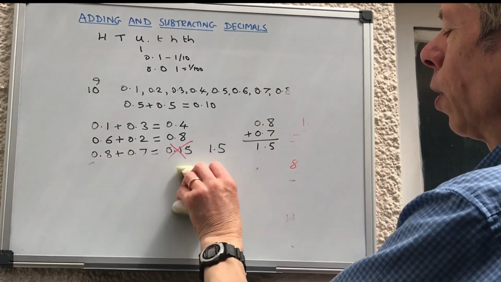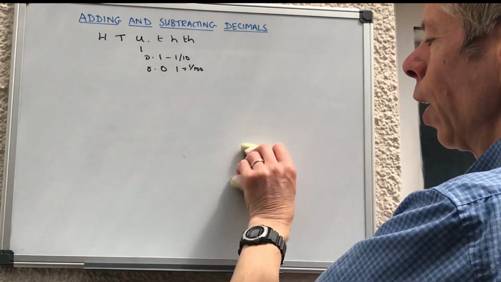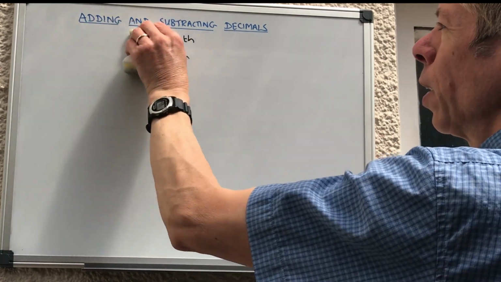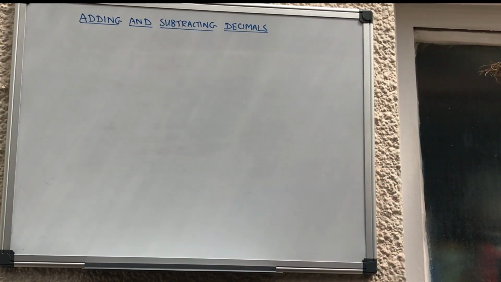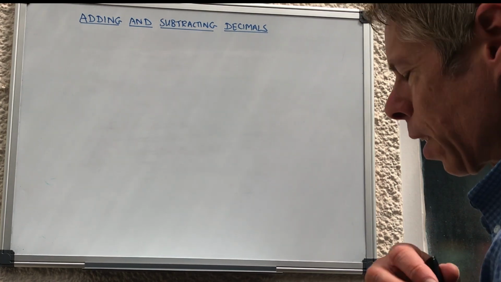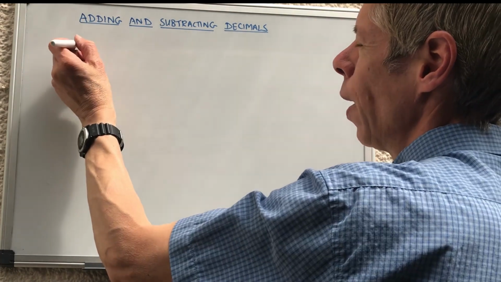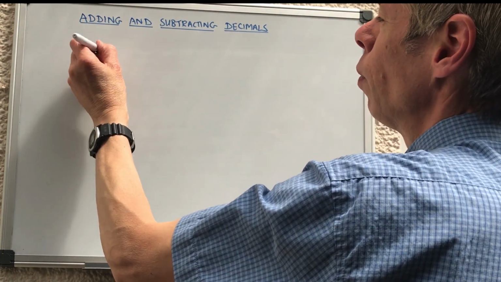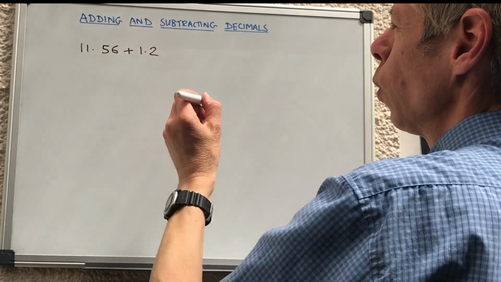So how about we're going to do 2 decimal places. We're not going to do anything more than that. We're going to look at 2 decimal places now. Okay, so if we want to add to 2 decimal places, something we've got to be aware of. So say we are adding 11.56 to 1.2.